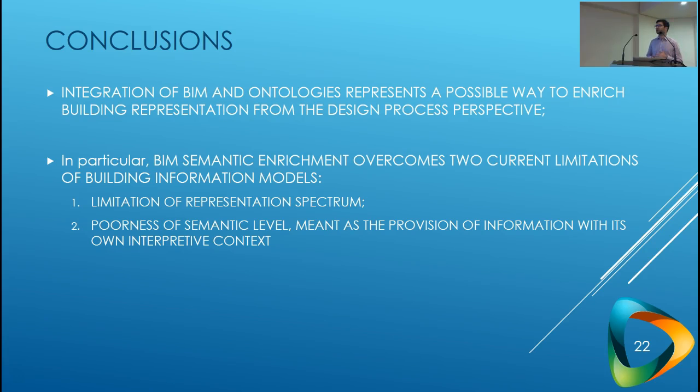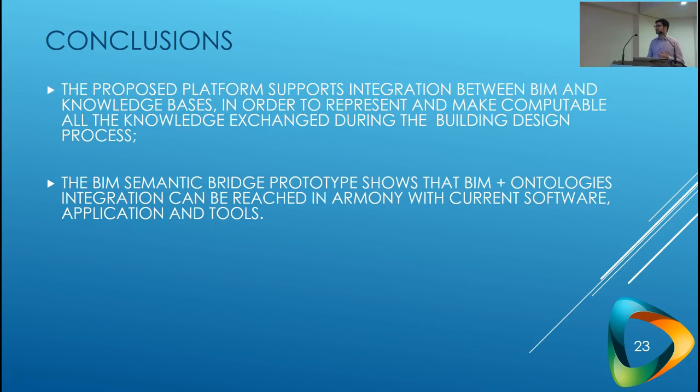One is the limitation of the representation spectrum, and the other is the poorness of the semantic level that hinders the collaboration among different architects. What we presented is a robust platform that supports this kind of BIM ontologies integration, which allows including in the representation of the general model all the knowledge that is shared, exchanged, and managed during the design process.